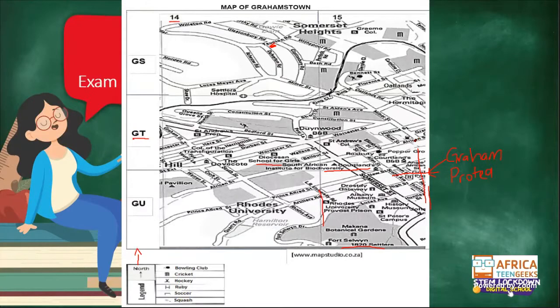So north, south, east, and west. So this institution will be in this region. There's one correct answer, but the other one I'll accept. So the correct answer is Albany Museum.